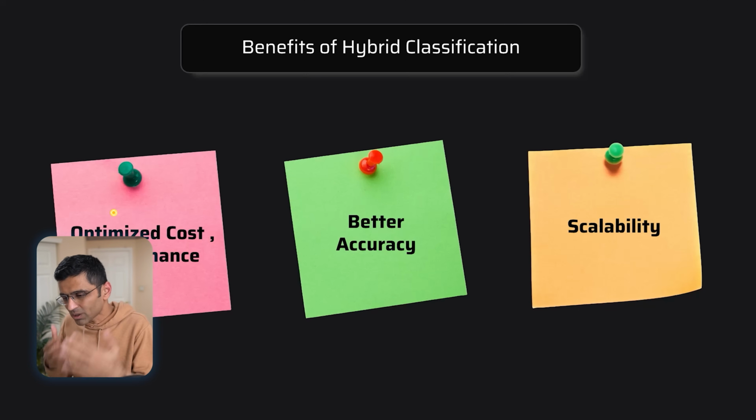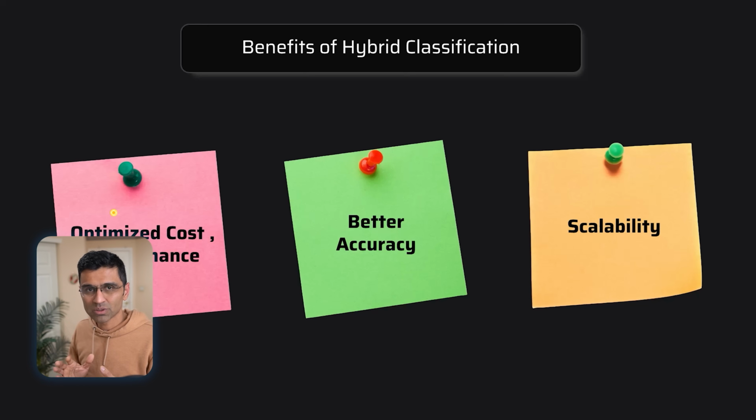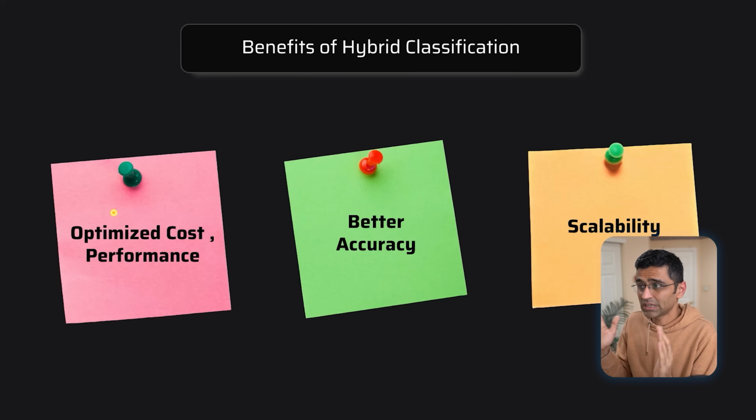If all million messages go through LLM, then if you're using OpenAI, you probably have to increase your instances in your Microsoft Azure service, or you have to pay extra cost and time, and you get into all those complications which will impact your scalability. So these are the three main benefits of hybrid classification.